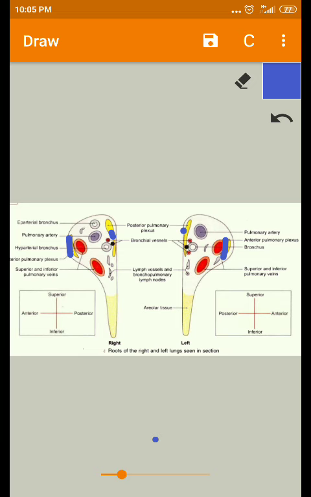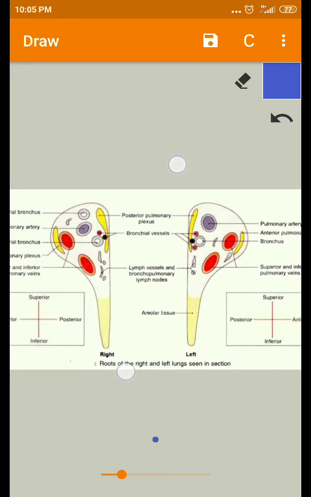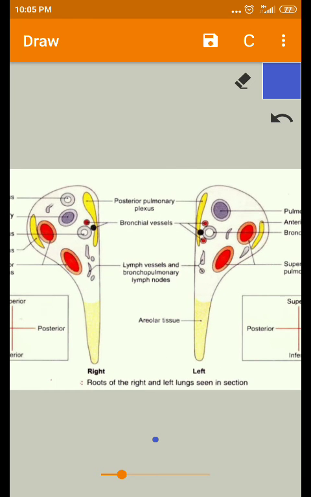Next important thing is the lymphatics of the lungs. The posterior aspect of the hilum will have these lymphatic vessels and the bronchopulmonary lymph nodes. All the lymph is drained finally to these bronchopulmonary lymph nodes.